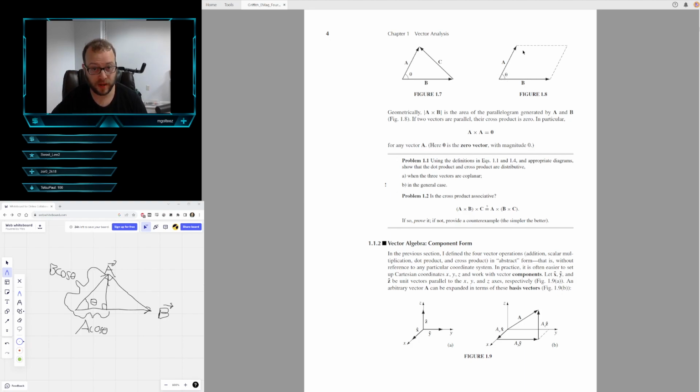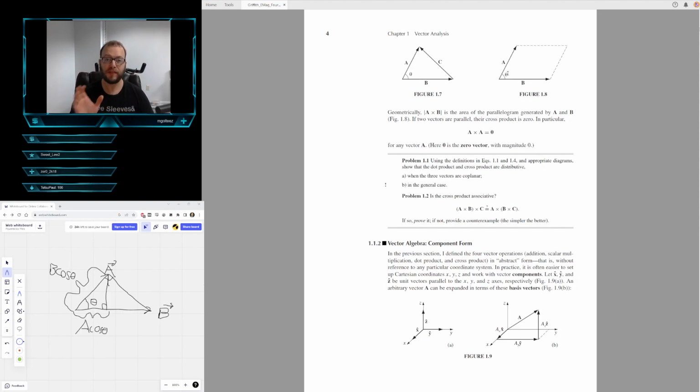And length times height is area. So the magnitude of A cross B, the scalar value of A cross B, is equal to AB sine theta.